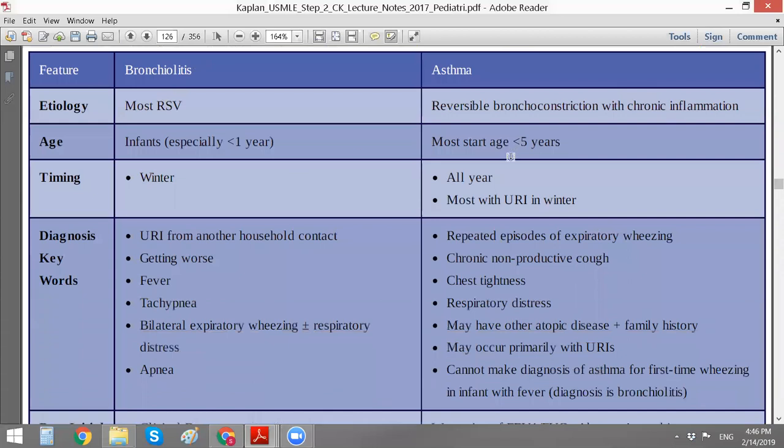Now, bronchiolitis and asthma, compared. Bronchiolitis is an upper respiratory tract infection getting worse, with fever, tachypnea, and bilateral expiratory wheezing. It has some similarities to asthma, but basically it's infectious, with fever and tachypnea, which don't happen in asthma.